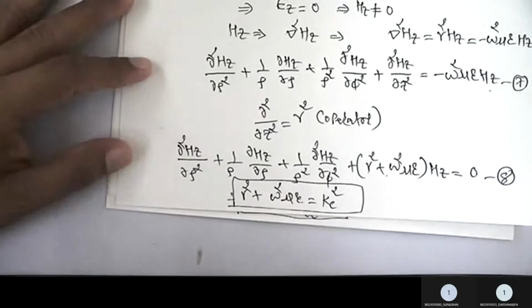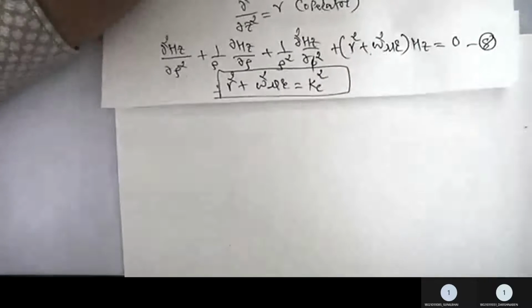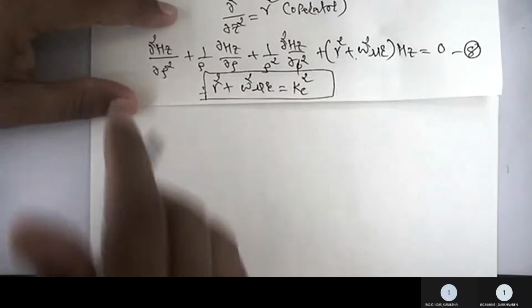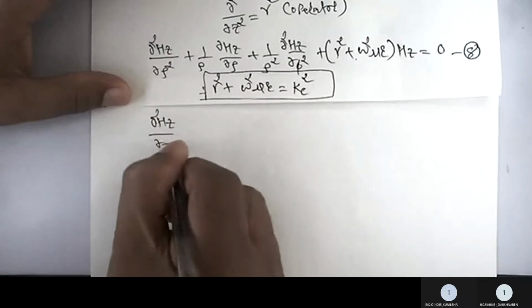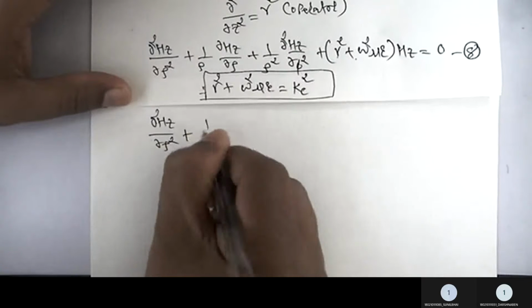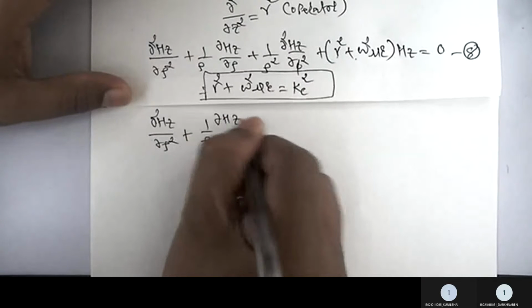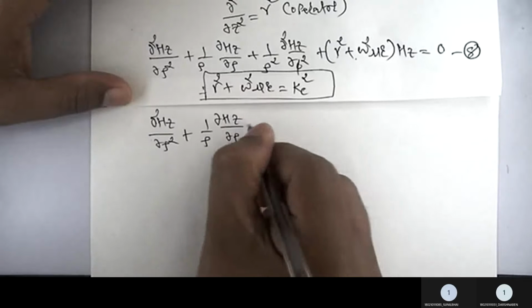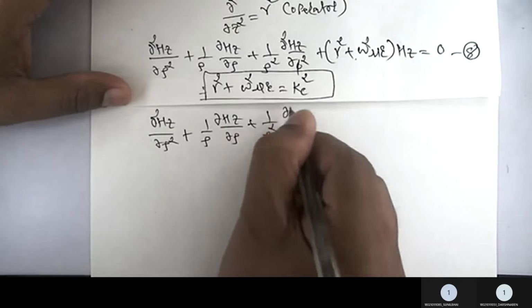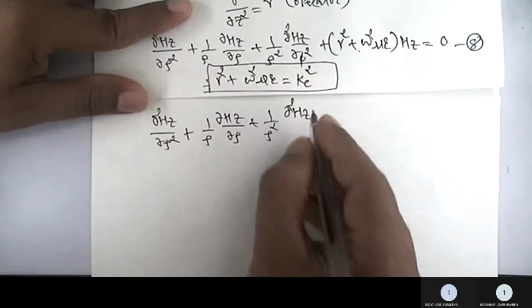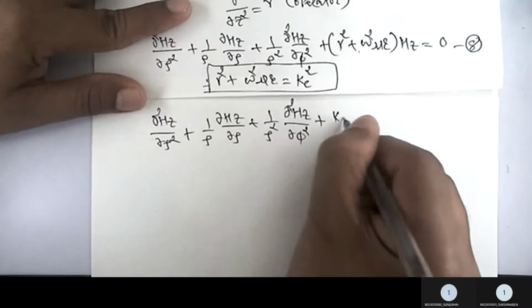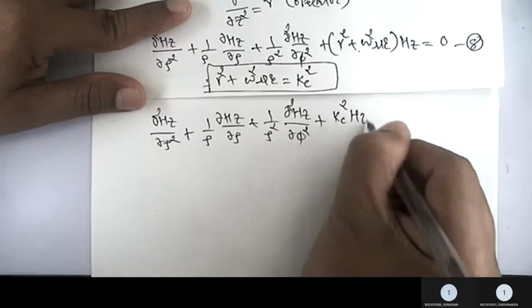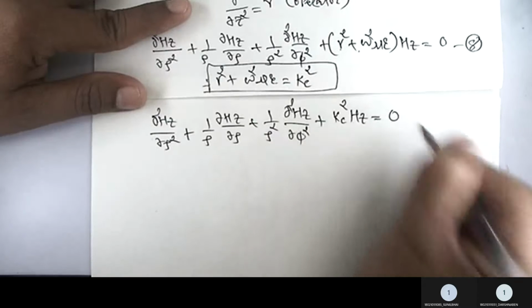So I can directly replace this part, and the next expression is del square Hz by del rho square plus 1 over rho del Hz by del rho plus 1 over rho square del square Hz by del phi square plus kc square Hz, and that is equal to 0.